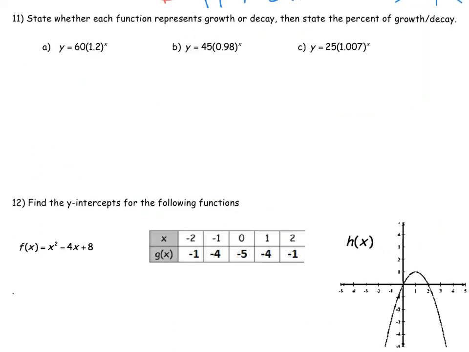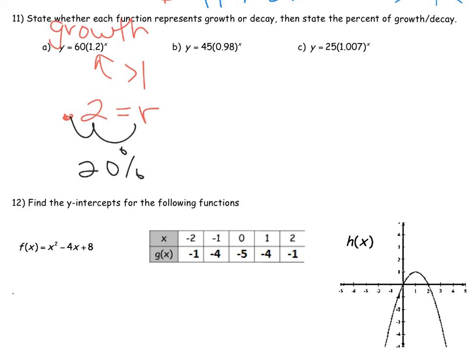Alright, so for letter A, because the number inside the parentheses is greater than 1, we're looking at a growth. And how much of a growth is this? Well, how much greater than 1 is this? It's greater than 1 by 0.2. That's the rate. If I want that written as a percentage, I've got to move the decimal over twice, which leaves me at 20% growth.